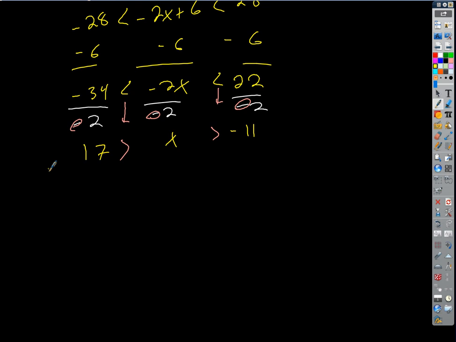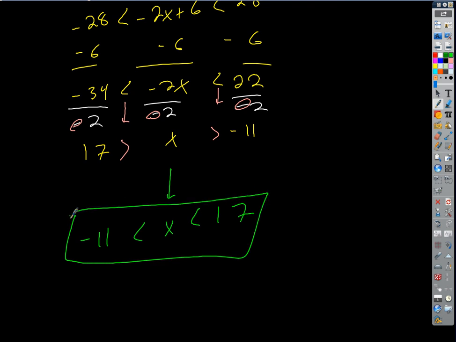The lesser number goes left and the greater number goes right, just like a number line. So the x stays in the middle, and we get x is greater than negative 11 on the left, and x is less than 17 on the right. Now that looks better, doesn't it?